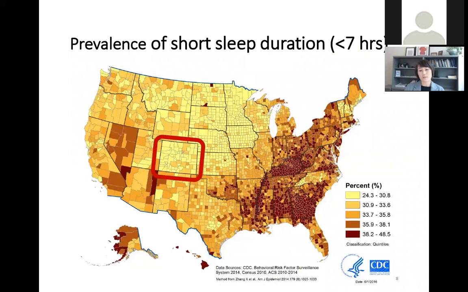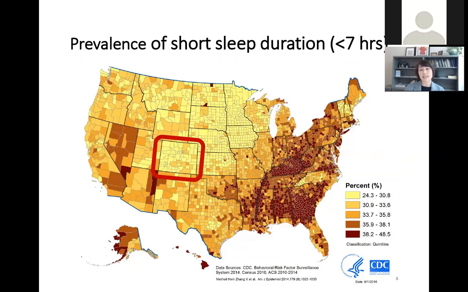And so these are data from the CDC, and this is the prevalence of short sleep duration, so people getting less than 7 hours of sleep. And if you look down in the right-hand corner, you should see the figure there. The darker the color, the higher the percentage of individuals who are getting short sleep duration.